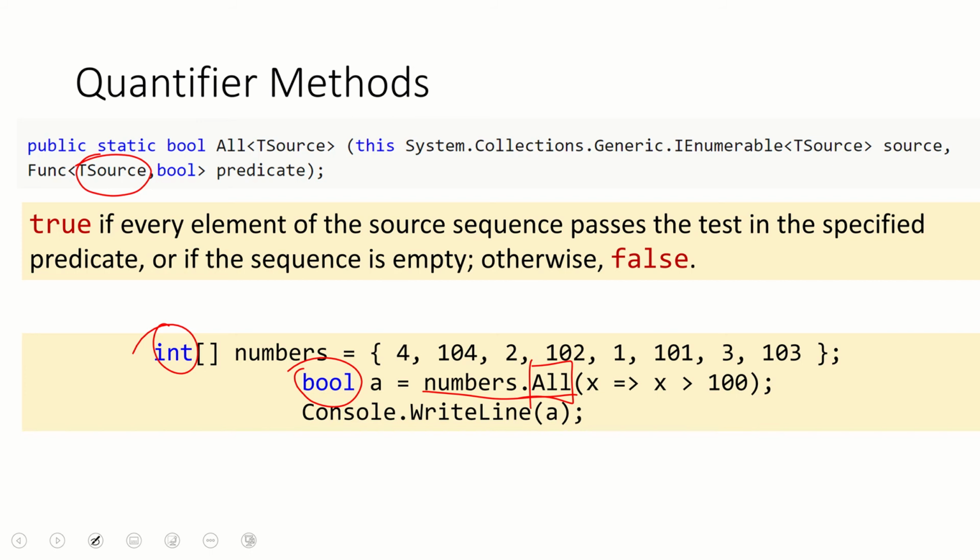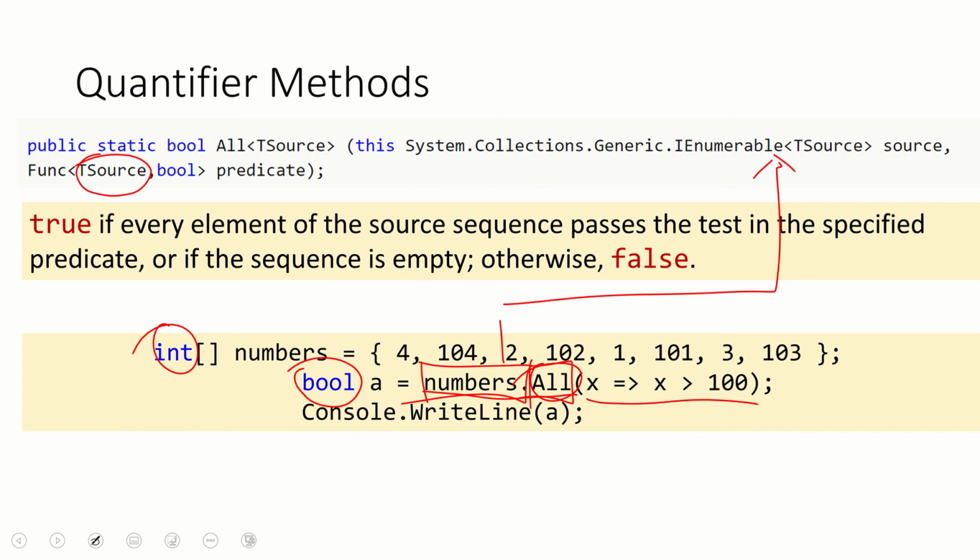The object reference we call is numbers. This numbers matches IEnumerable, because numbers is an array, which means we can call the method All.